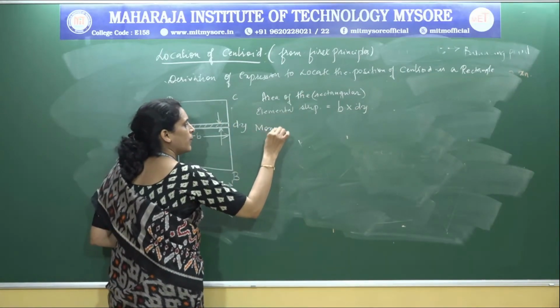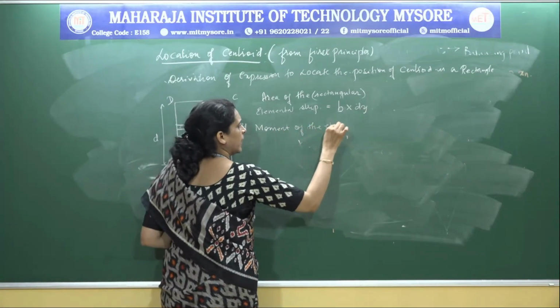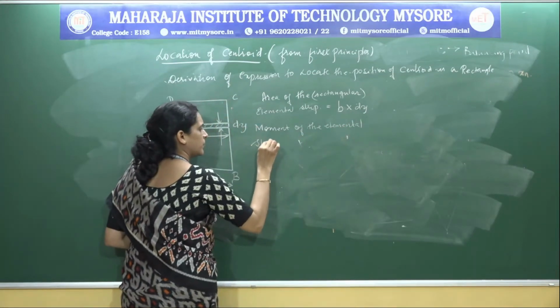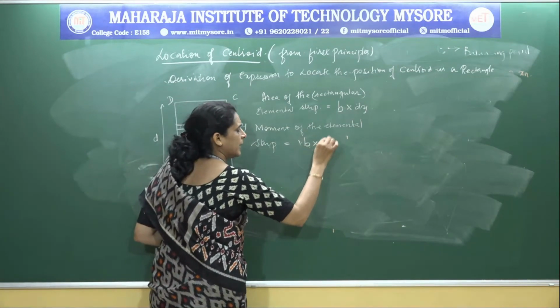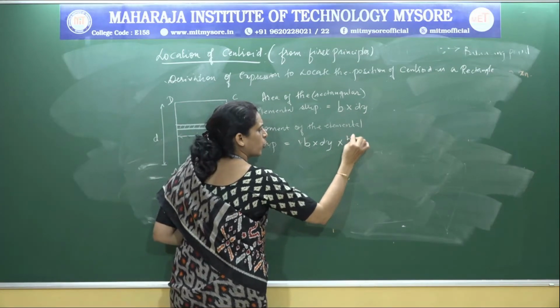Therefore, moment of the elemental strip is equal to B into dy into y.